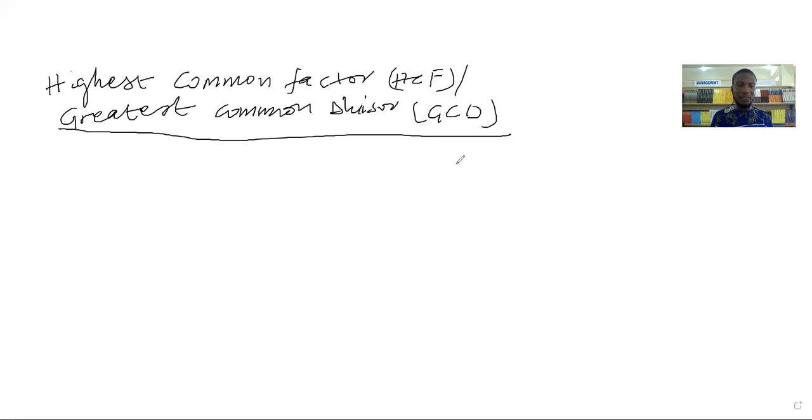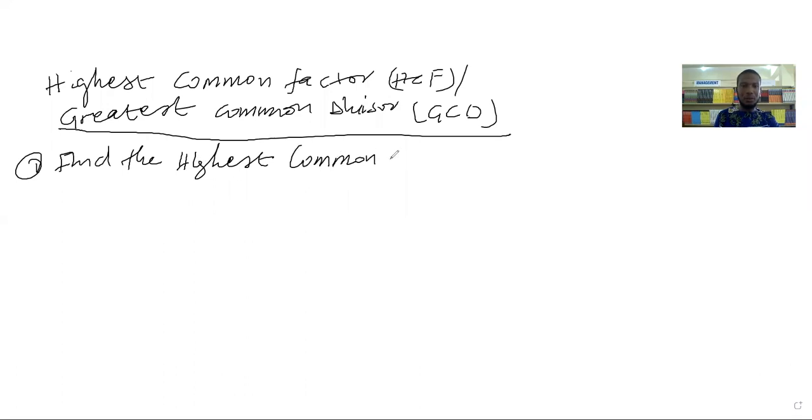So let's say we are finding the highest common factor of 48, 72, and 108.